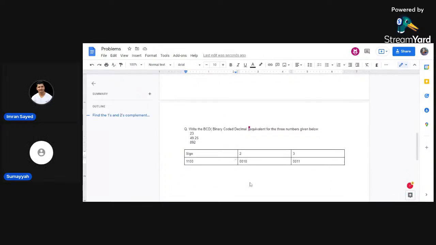Sorry, I didn't understand. Can you explain that once again? For a positive sign, it's represented by 1100. For a negative sign, it's represented by 1101.